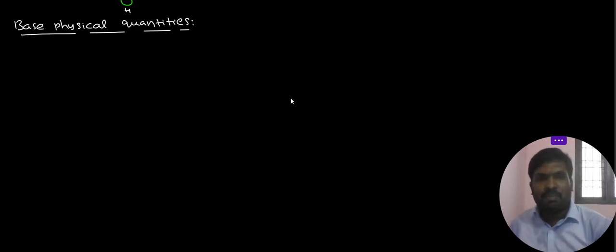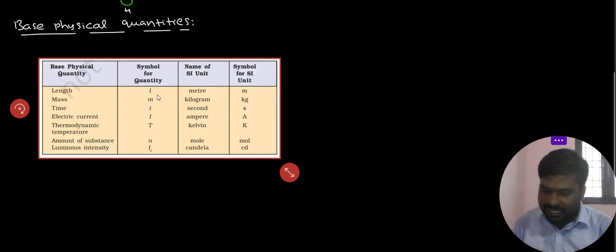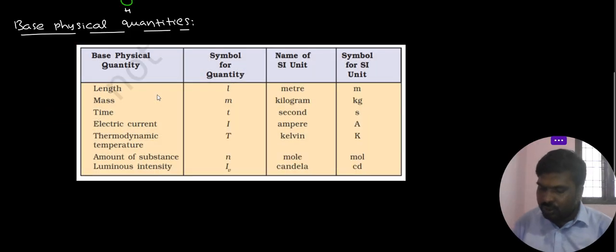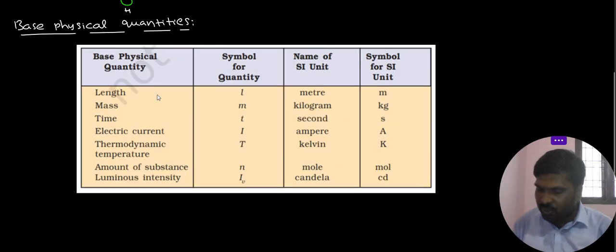There are 7 base physical quantities, and they are very, very important. These 7 are widely used in chemistry.